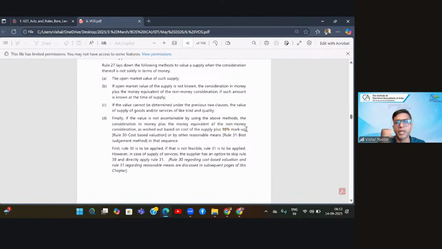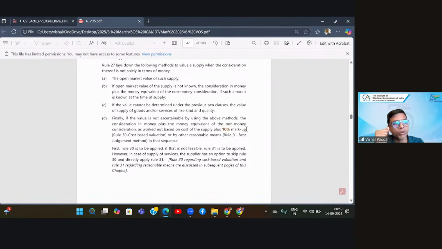If none of this is working, then what we can do is my costing, which is Rule 30. But again, as I already explained when we were discussing Rule 30, for the service sector or a professional like a chartered accountant, it is highly difficult, if not impossible, to actually do costing of your services. Why?